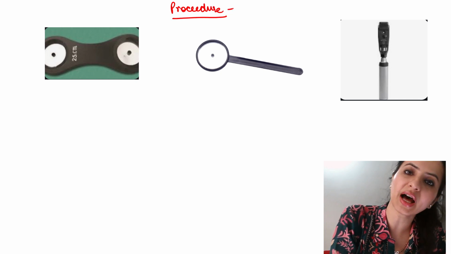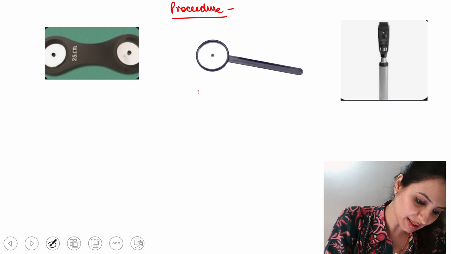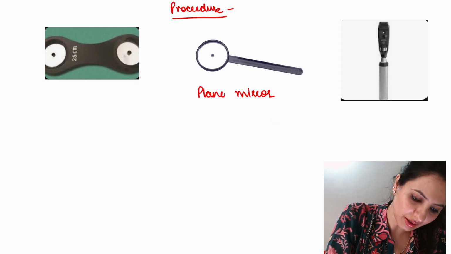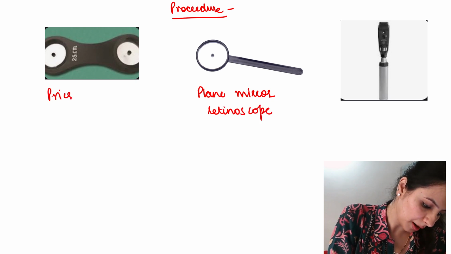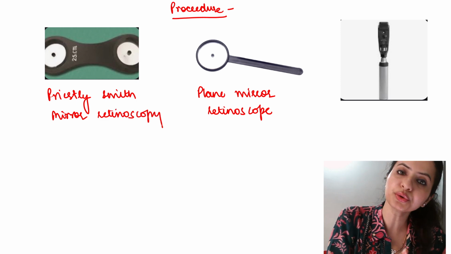So before that, we should look at the types of retinoscopes. This is a plain mirror retinoscope. This is a Priestley Smith mirror retinoscope. Now it has got two mirrors.